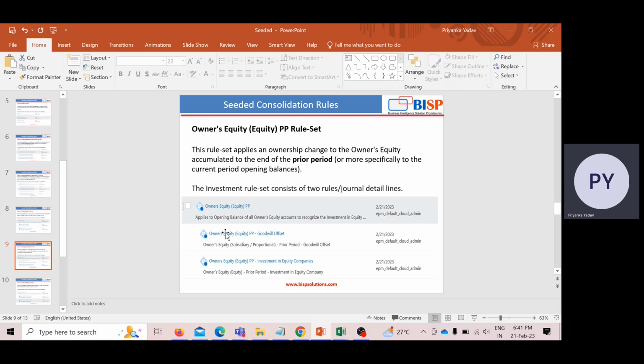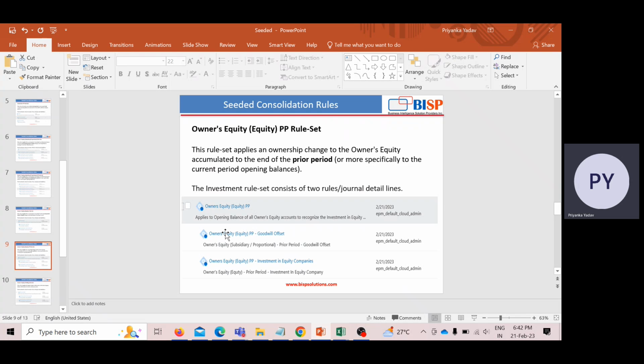Next is owner's equity PP rule. So this rule set applies an ownership change to the owner's equity being accumulated from the prior period. Again, since the consolidation percentage is 0, there's no proportionalization.